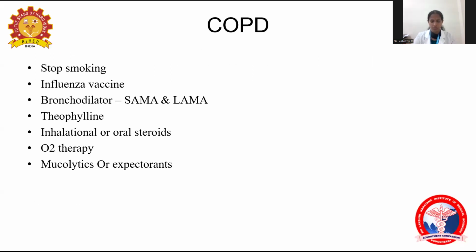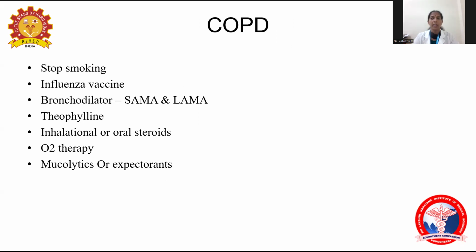And the next one is COPD, because we are completing bronchial asthma. COPD is also very important because the treatment of bronchial asthma and COPD is almost similar, but there are some variations. I told you the main pathogenesis in chronic obstructive pulmonary disease is smoking. So if you are diagnosing a patient with COPD, always tell them to stop smoking.